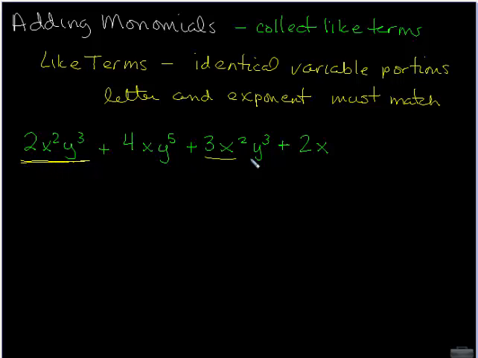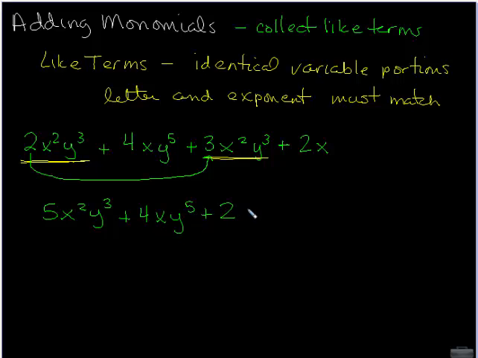These are my like terms, because the variable portions match perfectly, and therefore these are the 2 terms that can be added. I add the 2 and the 3 together, and I get 5x squared y to the third. You'll notice that the exponents did not change. Now the 4xy to the fifth and the 2x didn't match anything, so I couldn't add them together. These were not like terms. So I couldn't do anything with those.